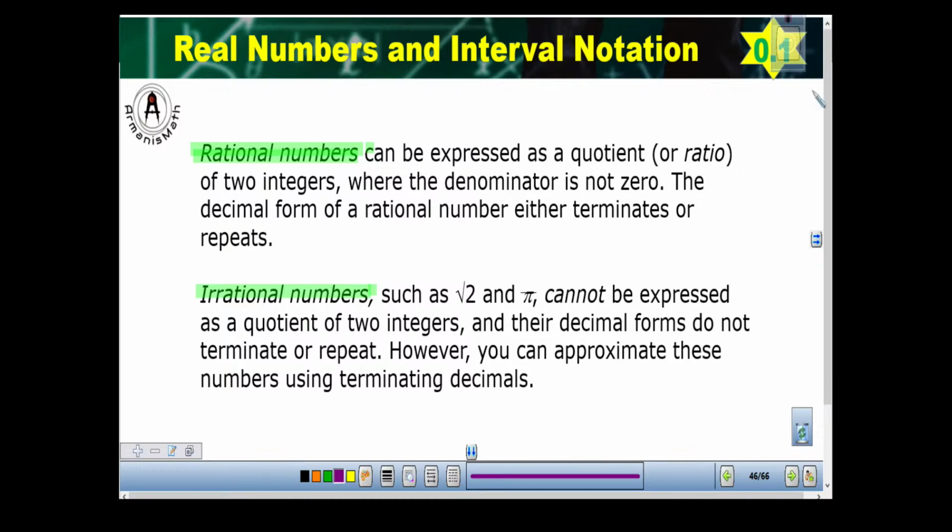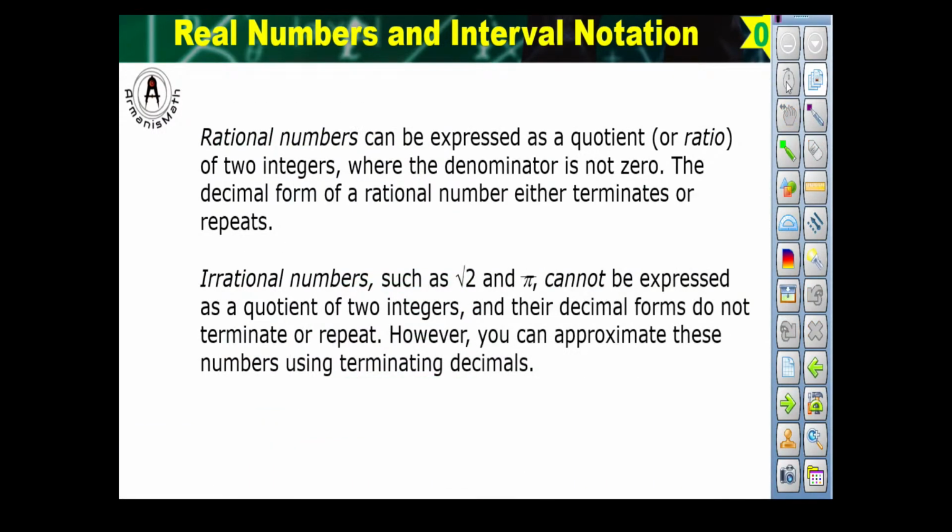Pretty close, you could approximate, but not exactly the same. So the decimals do not terminate or repeat. You also could approximate these values as terminating, but in their nature they're not.